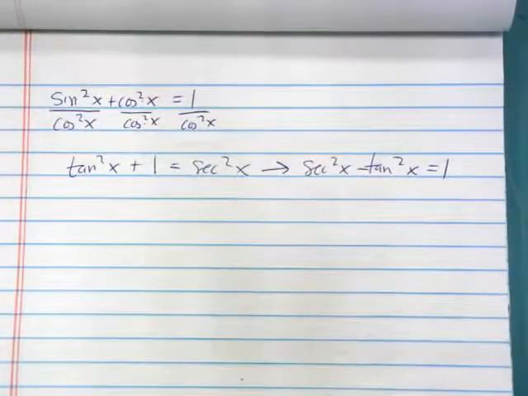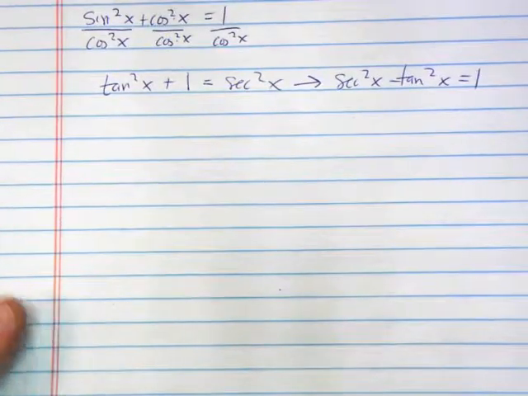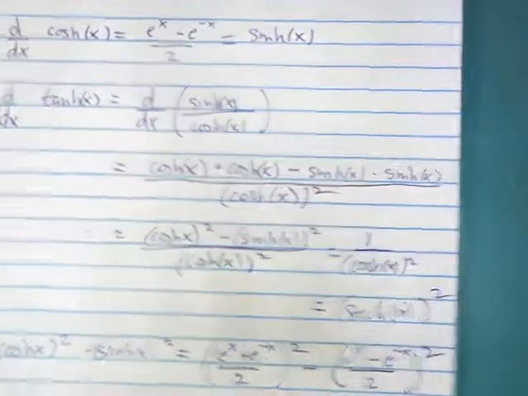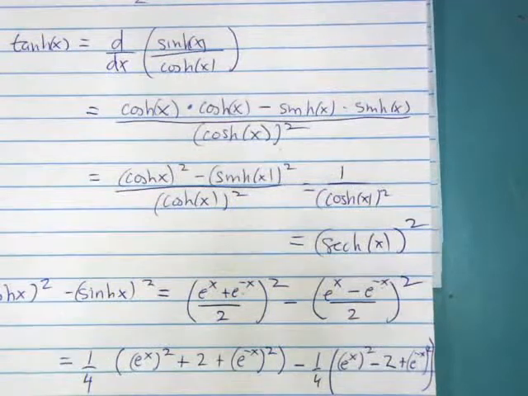I have a question. On that last problem, the derivative of hyperbolic tangent, if we had continued, we got hyperbolic cosine squared, or 1 minus hyperbolic tangent squared. That would still be secant squared.